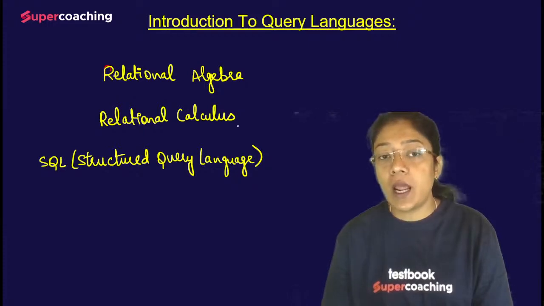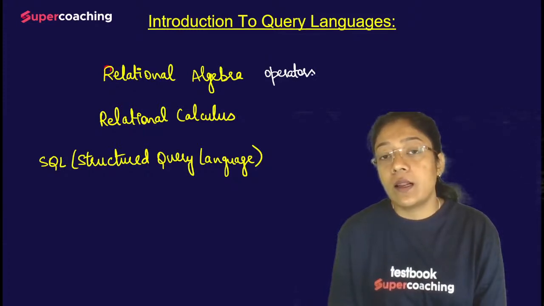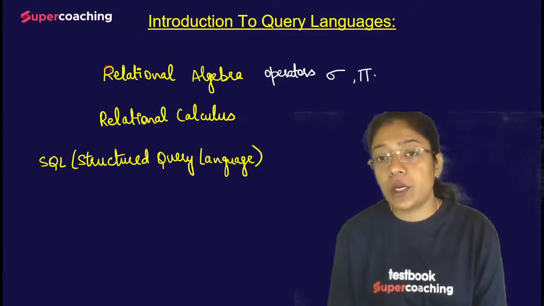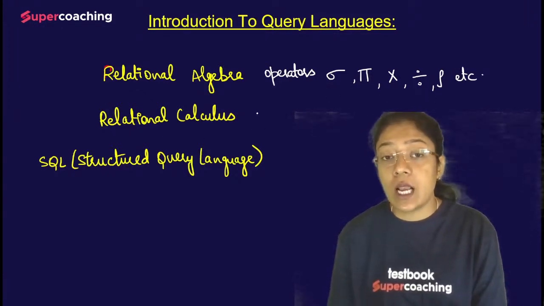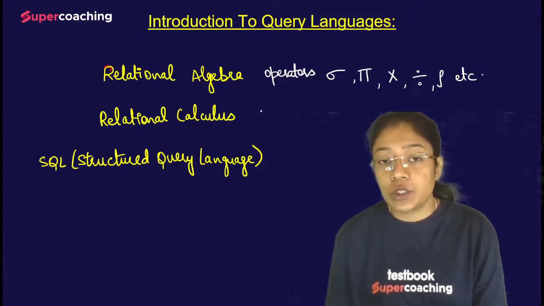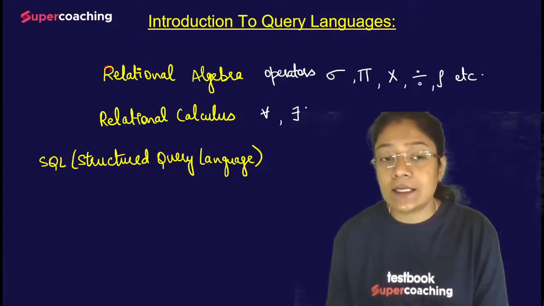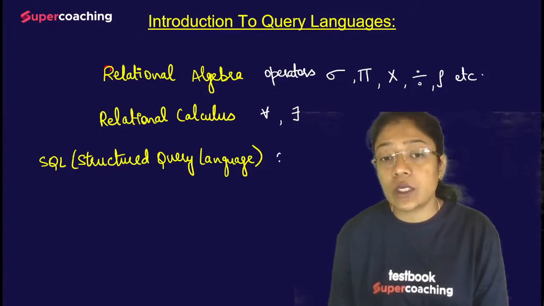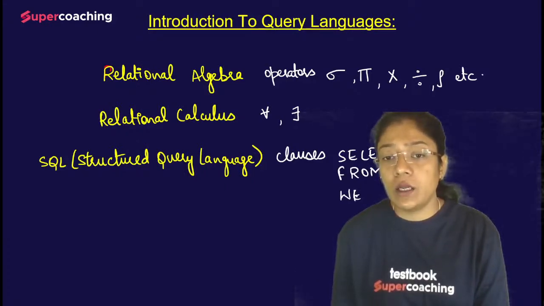So in relational algebra we are using operators like selection operator, projection operator, cross product, division operator, rename operator, etc. So here we are using a few operators, whereas in relational calculus we are using propositional logic like for all, there exists, the universal operator is used, the existential operator is used, whereas in SQL we use the concept of clauses like select, from, where, etc. Lots of clauses are there.